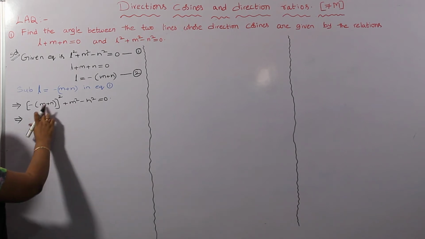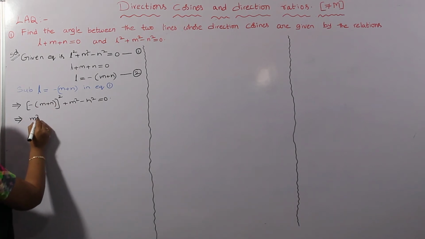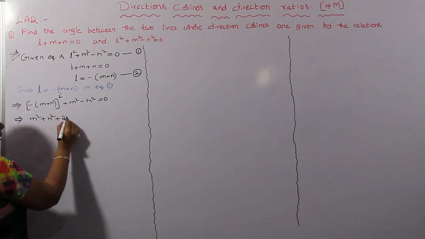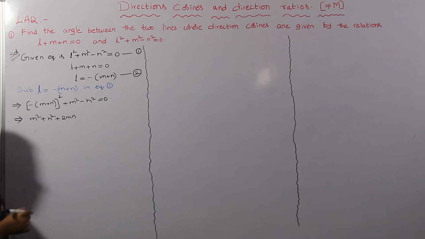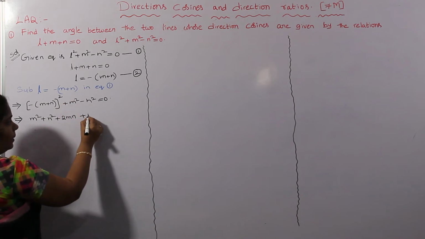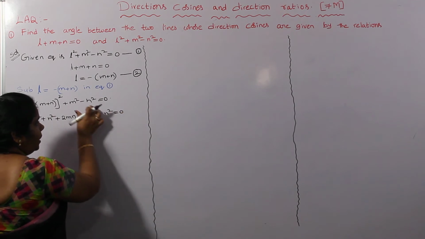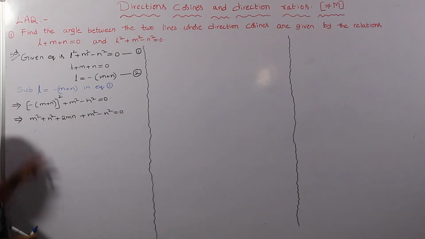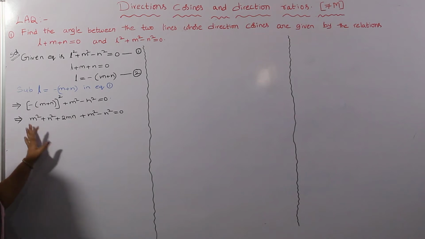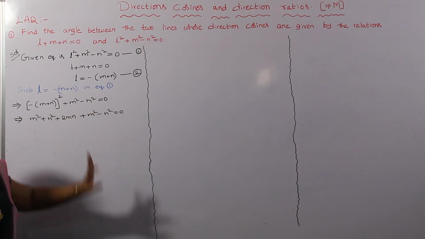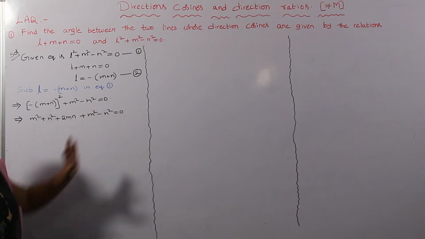Applying that formula, a square is m square, b square is n square, 2ab is 2mn, plus m square minus n square is equal to 0.